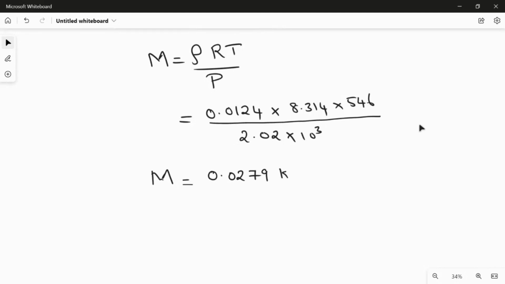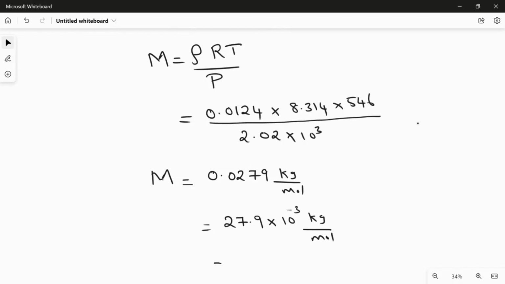We got the answer here as 0.0279 kilogram per mole, or 27.9 multiplied by 10 power minus 3 kilogram per mole.